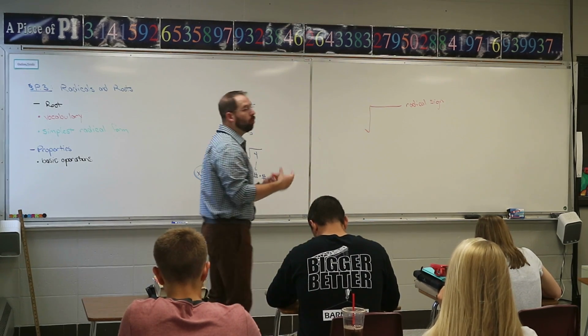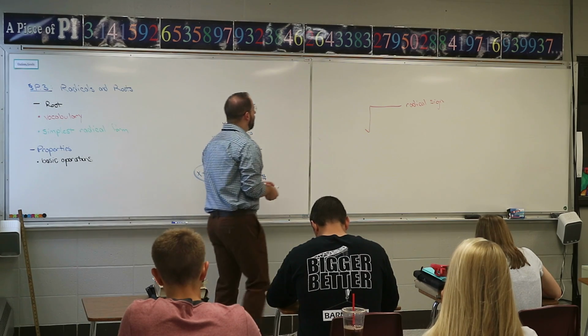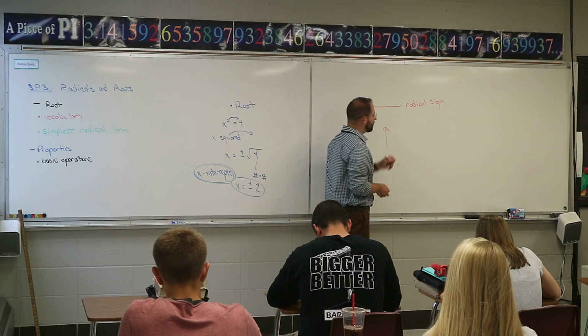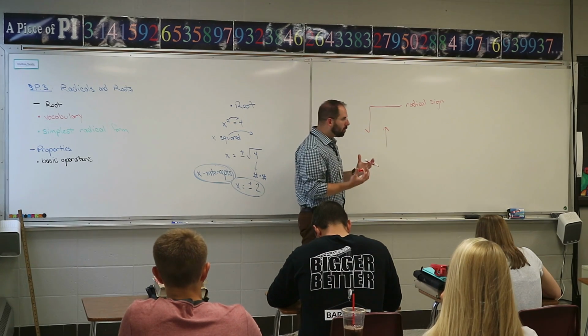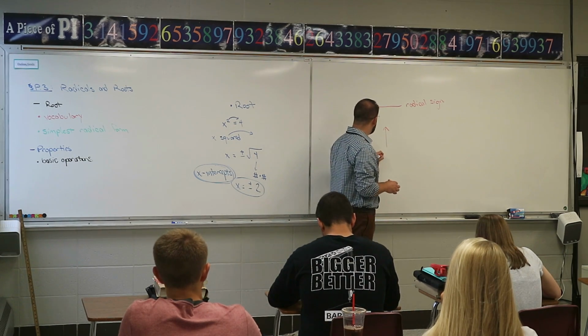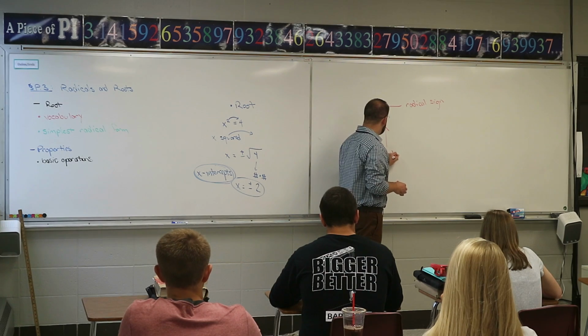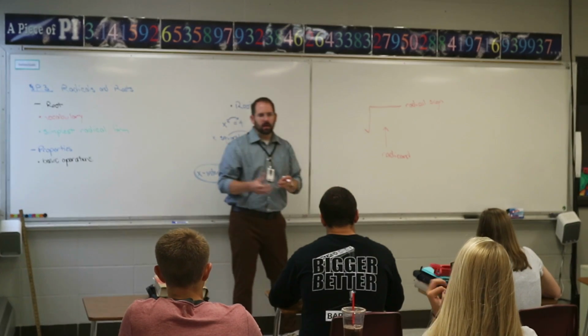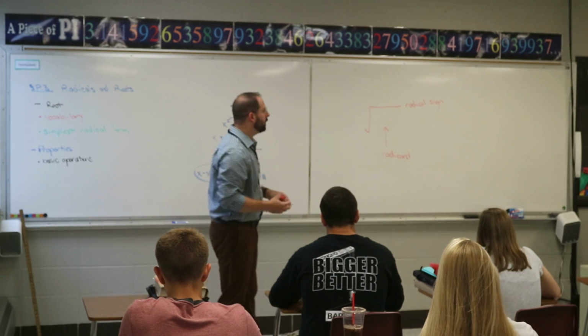This is a square root. But on a radical sign, there's a number placed on the inside. Whatever this is, could be a number, could be variables, anything on the inside. Those are called a radicand. So radicand, whatever's on the inside, whatever you want to put in there.